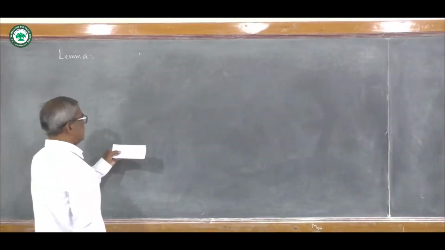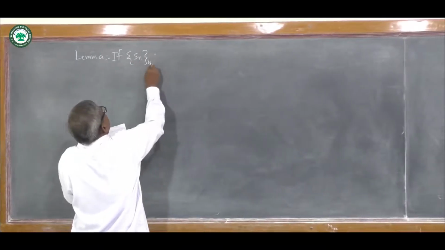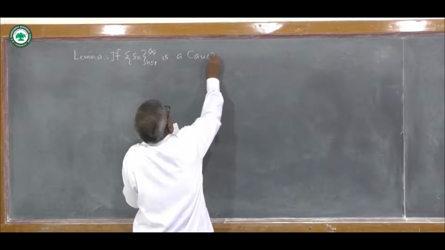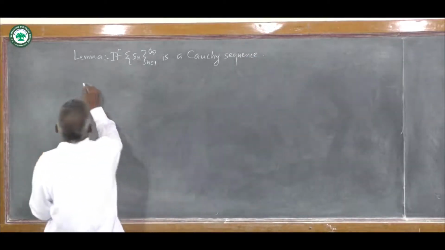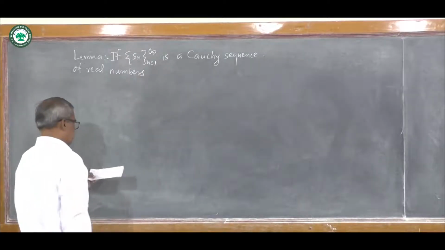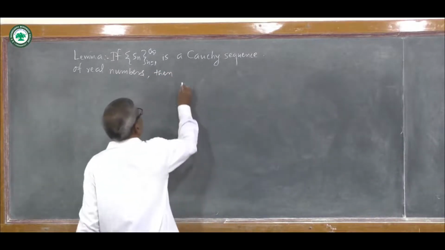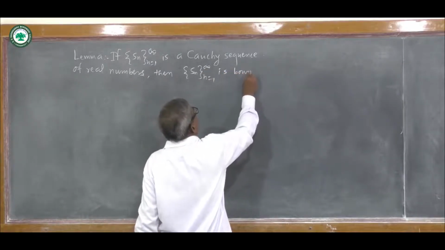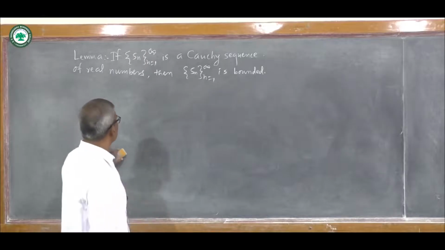Lemma: If the sequence Sn, n equal to 1 to infinity, is a Cauchy sequence of real numbers, then Sn, n equal to 1 to infinity, is bounded.